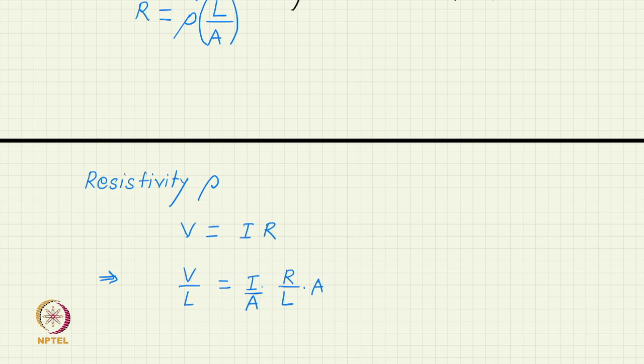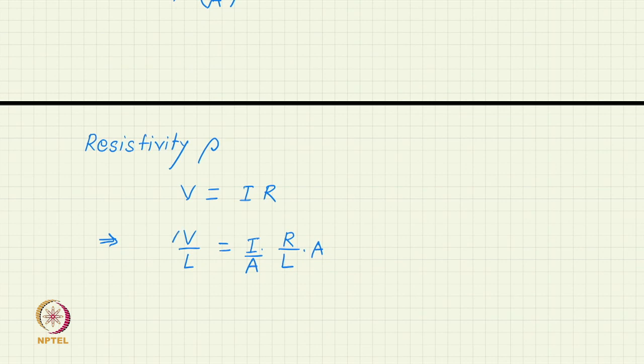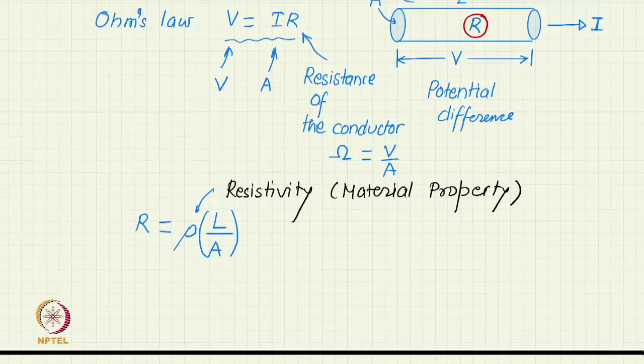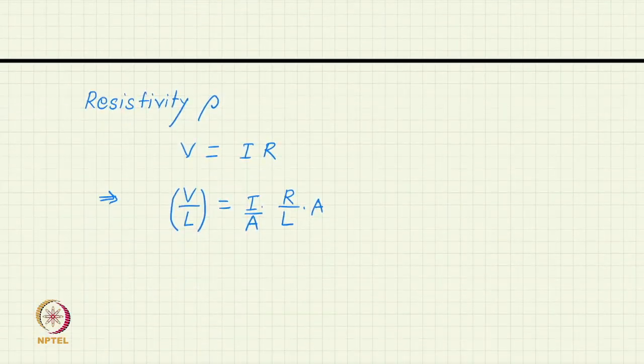So, I multiply by A in the denominator and numerator. The idea is that V by L, voltage drop per unit length, can now be identified by the electric field. It is the voltage gradient, and we can call that an electric field.